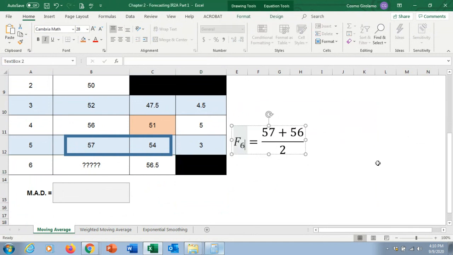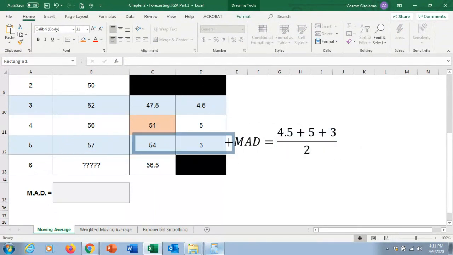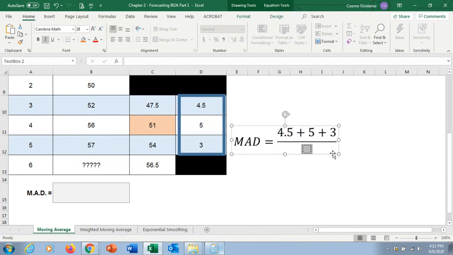So my MAD is going to be 4.5 plus 5 plus 3, and I divide by the number of terms I have. So let me actually do that here. Let's just change the box so that you can see. Here I have 3 terms.